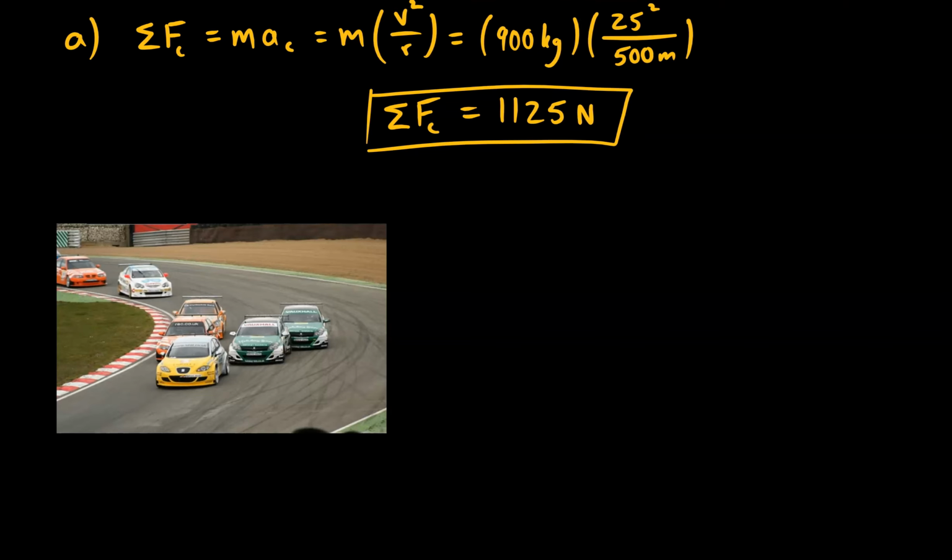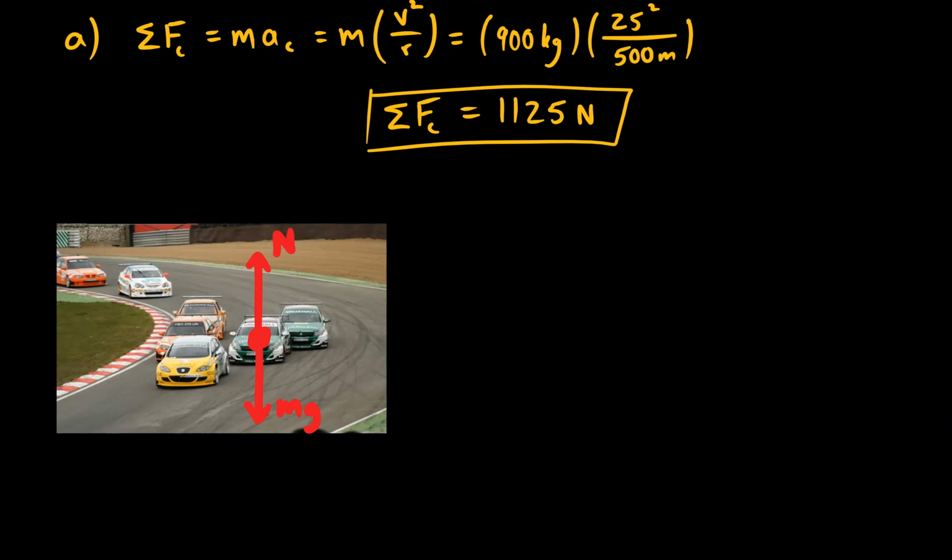Now, drawing a curved car head-on, I'm terrible at that. So we got this picture. We're just going to use the car in the middle. If we draw a force diagram for that car right there, we have its weight going straight down. We'll call that mg. We have the normal force from the ground acting on the car. And then the force of friction acting on the car, which is going to make sure this thing doesn't slide off and crash.